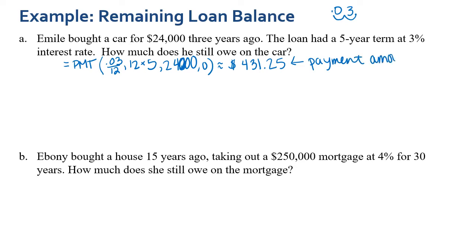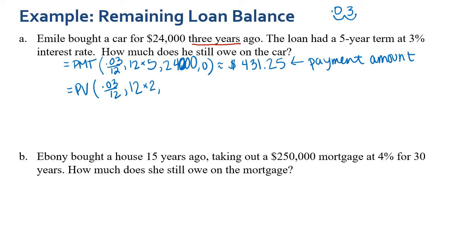Now to figure out what he has left on the loan, we're going to use the equals PV formula. So 0.03 divided by 12, comma, 12 times, now in this case, the time is the time remaining. He has a 5-year loan, and it looks like he got it 3 years ago, so that means he has 2 years remaining.